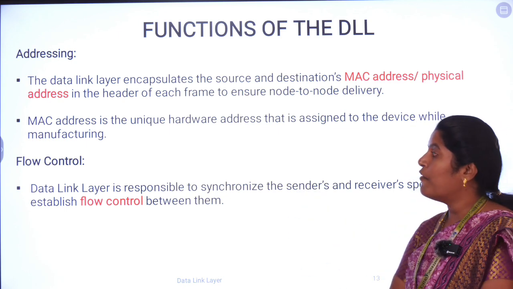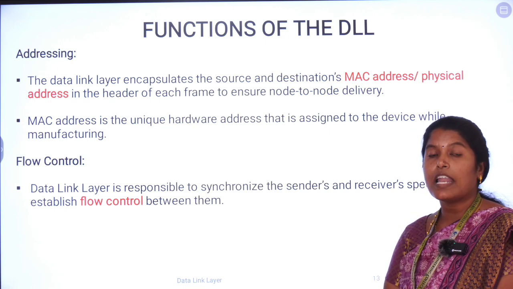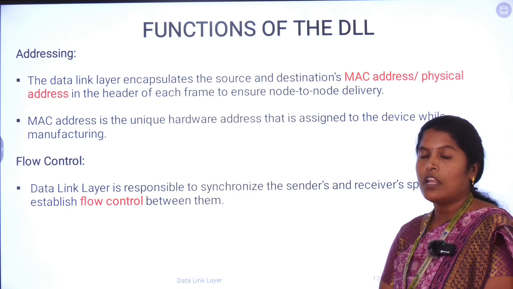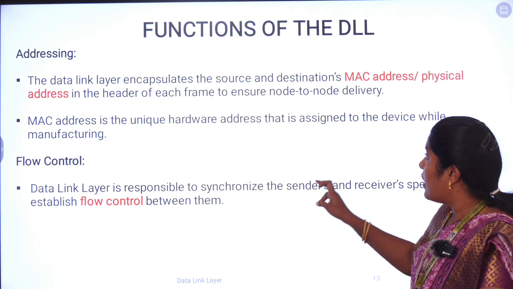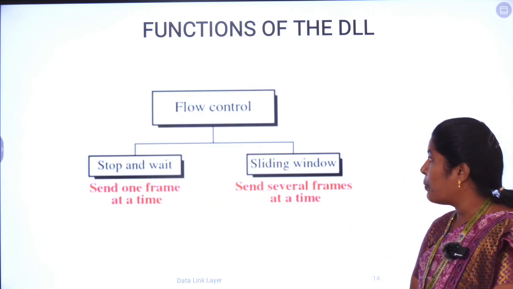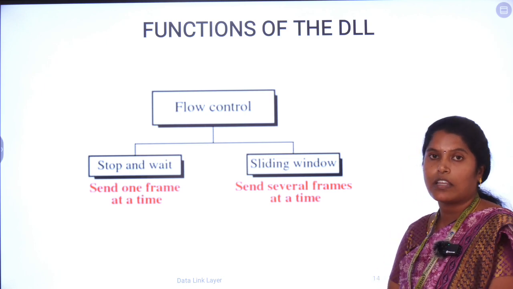The third one is flow control. This function is used to synchronize the transmission speed between the sender and the receiver machine. There are 2 protocols used for flow control: the stop and wait protocol and the sliding window protocol. In stop and wait protocol, frames are sent one at a time.